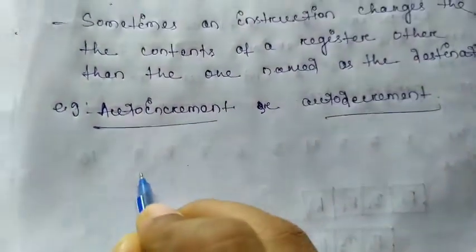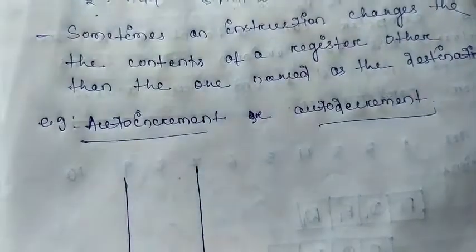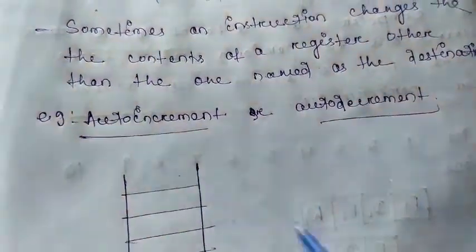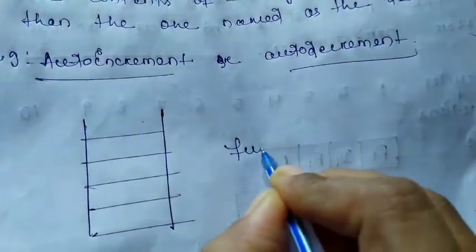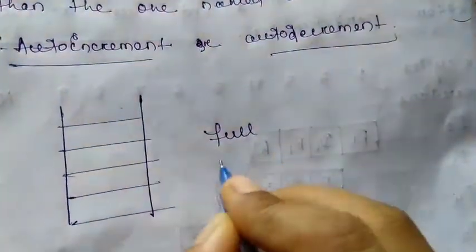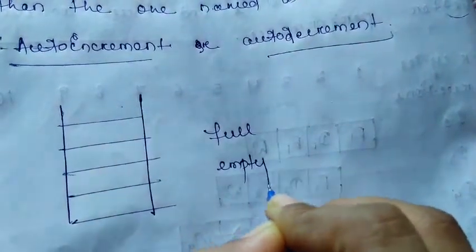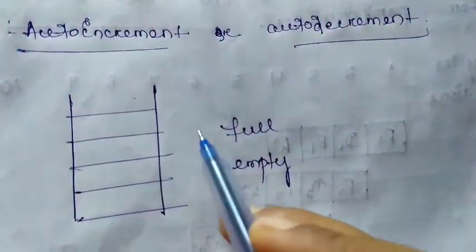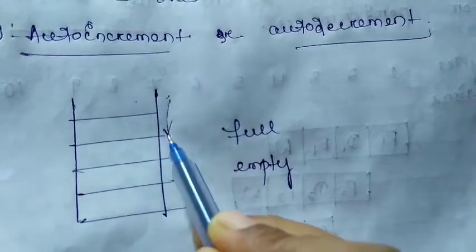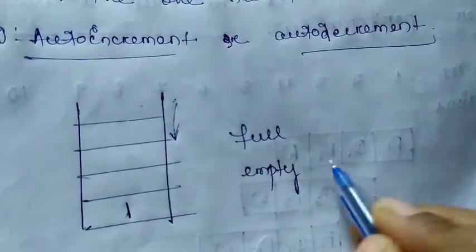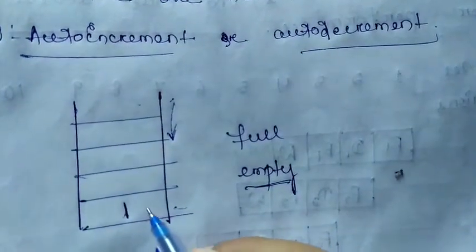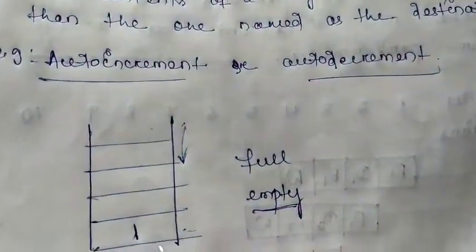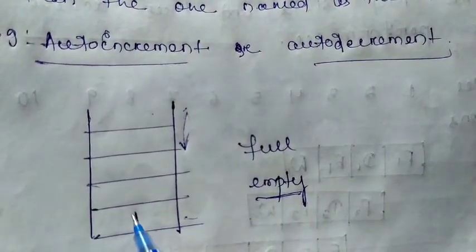Okay, suppose in a stack, let's take an example of a stack. Let's say one is full and another one is empty. Okay, so when we are adding something into the stack, let it be 1, then it is not empty. Then the bottom will be incremented by 1.